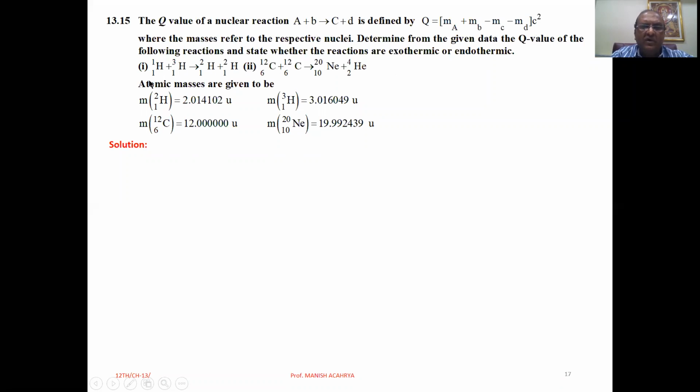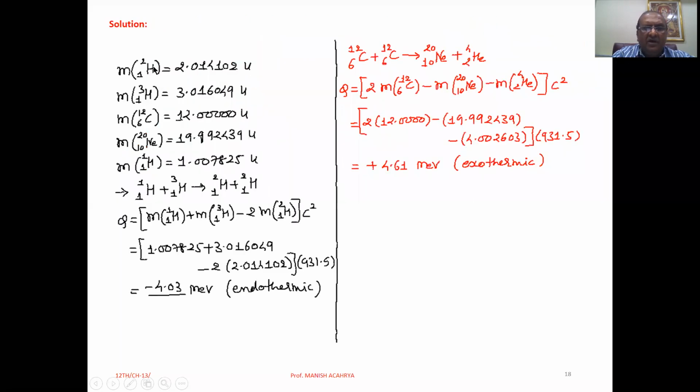So two reactions are given to you. 1H1 plus 1H3 gives 1H2 plus 1H2, and another reaction, 6C12 plus 6C12 gives 10Ne20 plus 2He4. Then the atomic masses of 1H2, 1H3, 6C12, 10Ne20 are given to you. Now see, all the masses given to you are listed first.